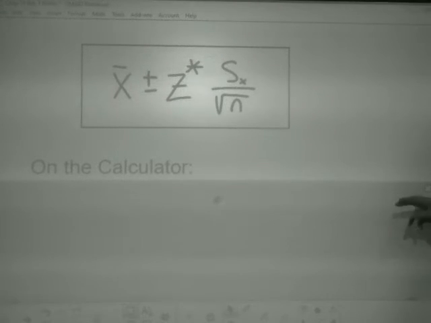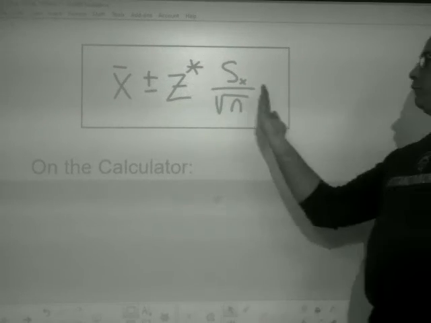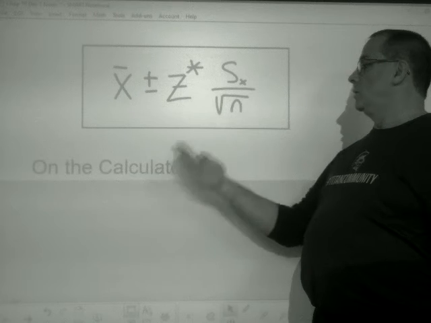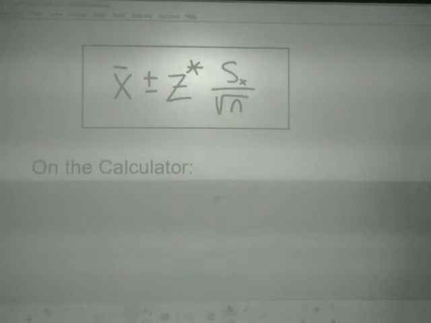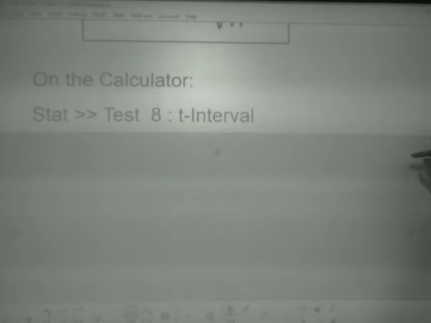We get our answer from the calculator just like before. We still have to fill in the formula substitution, but the calculator is going to give us the output for the interval. So we're going to do Stat, Test, 8, which is T interval.